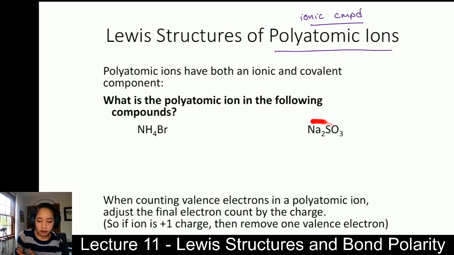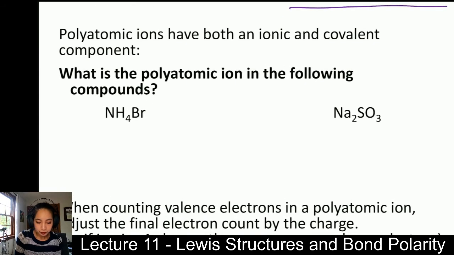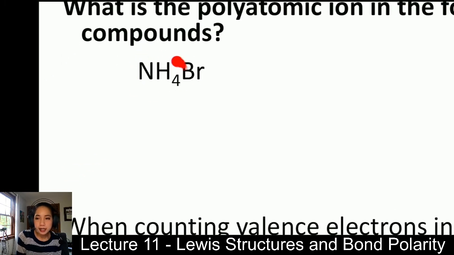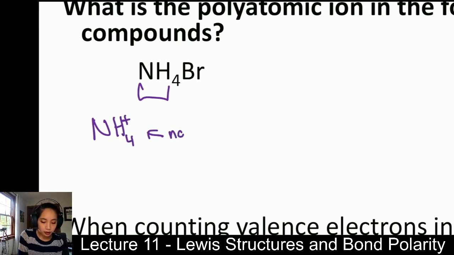So if we look at these examples of different polyatomic ionic compounds, we can identify the polyatomic ion. So in this case, in NH4Br, NH4 is one of our polyatomic cations, but we can also see that it's made up of entirely nonmetal elements. So that makes it a covalent molecule because it's comprised of all nonmetals.